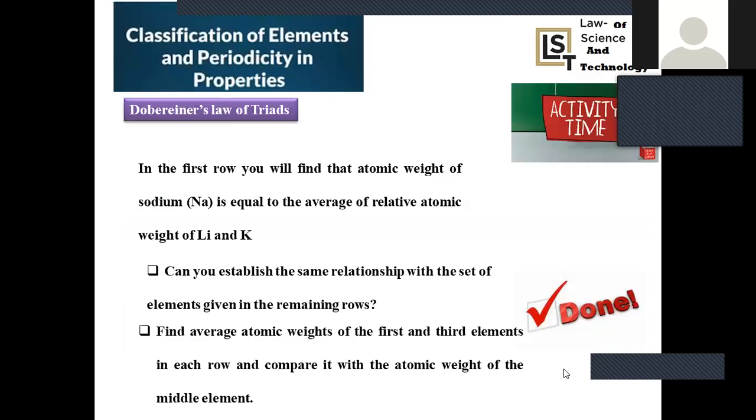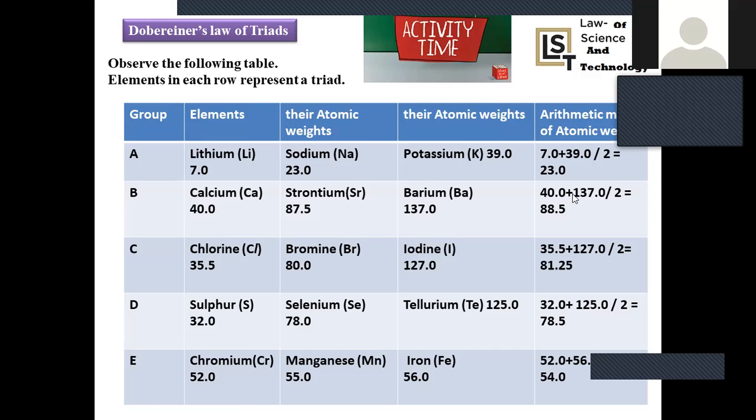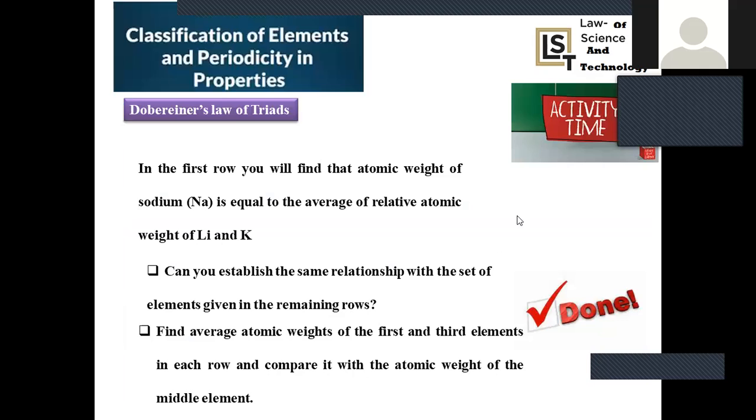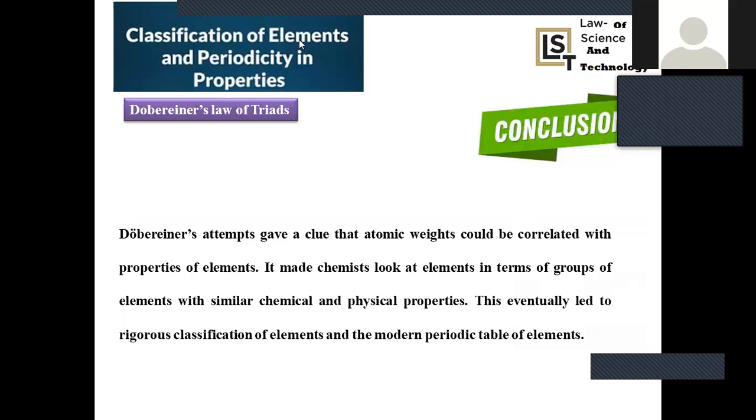Yes, we already did the calculation. Find the average of the weights of the first and third element in each row and compare with the atomic weight of the middle element. Yes, for all the elements, the average was taken and compared with the central element, so that was verified. All are said to be Dobereiner triads. So this was completed by this activity.